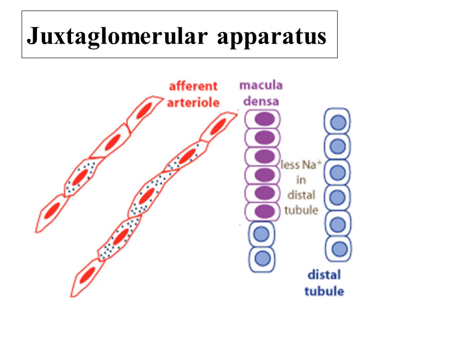The macula densa cells sense a decrease in sodium or chloride in the distal tubules. When sodium or chloride decreases in the distal convoluted tubules, the macula densa cells send signals to stimulate renin secretion or release in the blood from the juxtaglomerular cells.